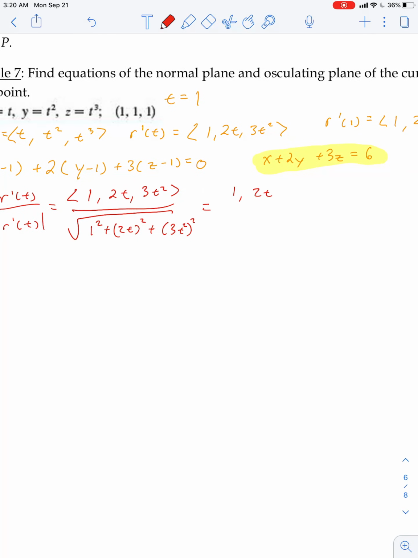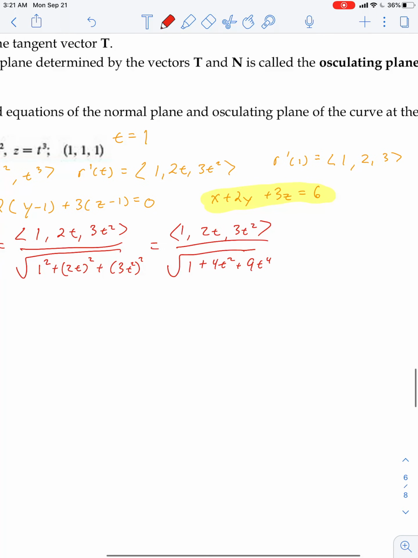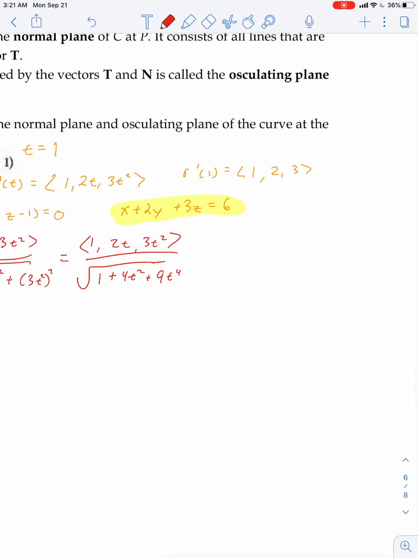And so we're just going to get 1, 2t, 3t squared, all over the square root of 1 plus 4t squared plus 9t to the 4th. And there's really no simplifying that. So basically that's our unit tangent vector.